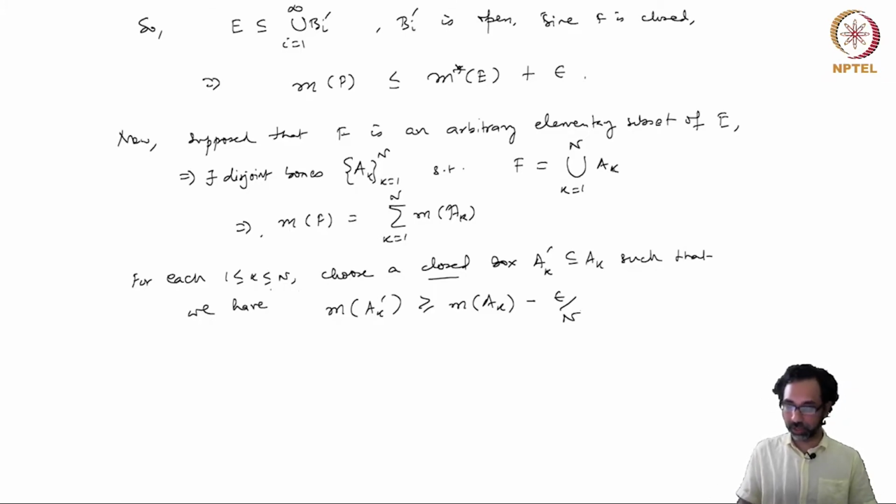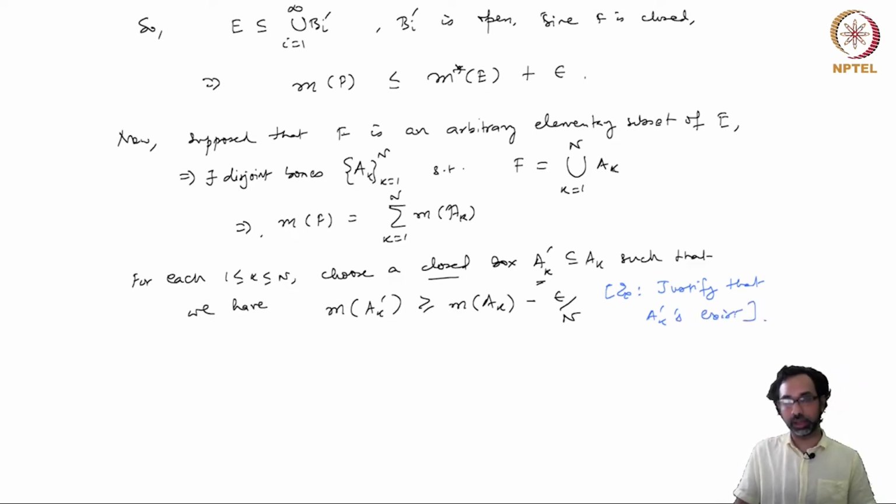So for each k we are choosing a closed sub box of Ak, which we denote by Ak prime, such that the volume of this smaller box is greater than or equal to m(Ak) minus epsilon by n. Again it's an exercise to justify that such Ak primes exist.